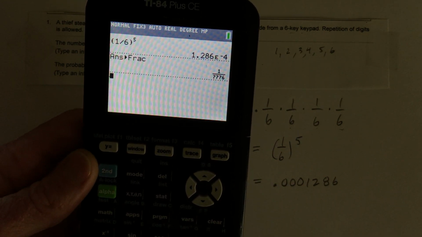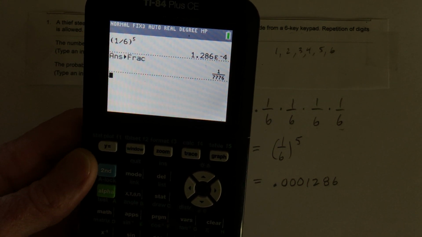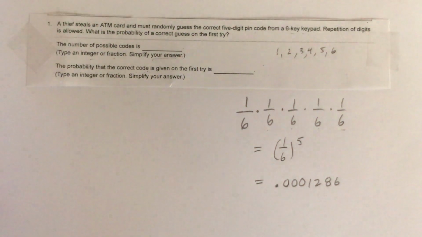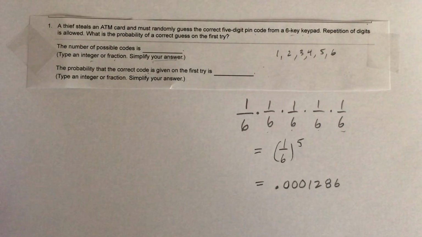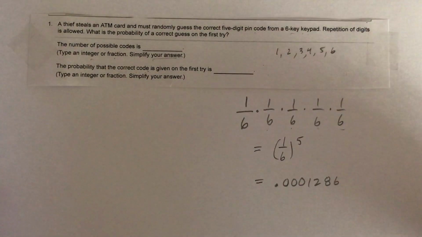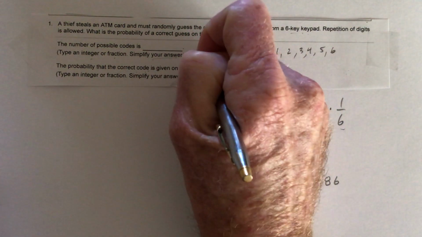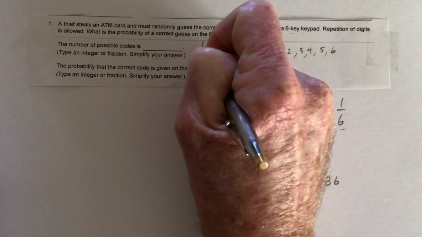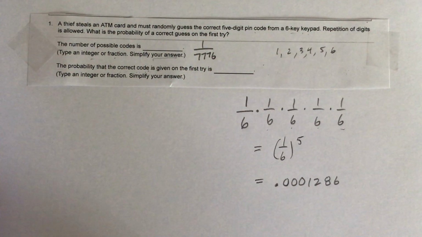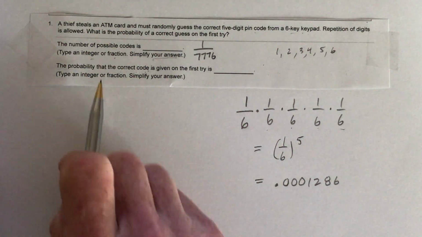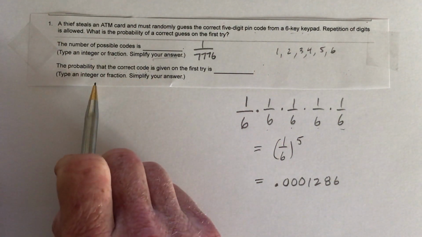And that's going to be 1/7776. Turn the lights back on. So that's 1/7776, the probability that it's correct.